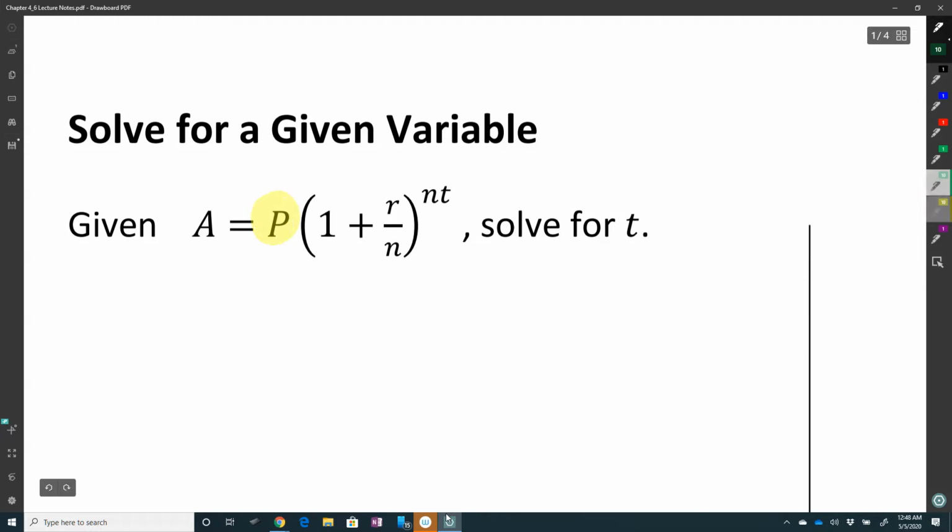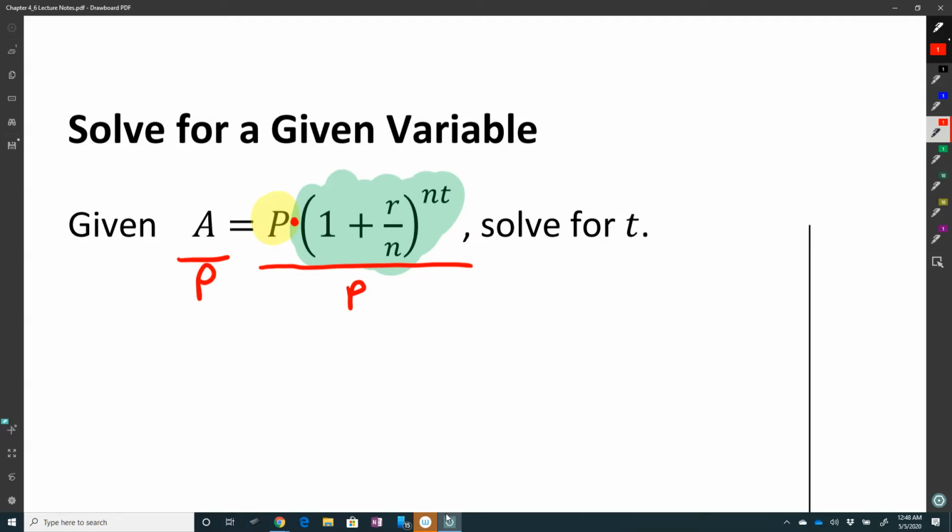You have p, thing 1, times thing 2. So you're multiplying these two things. So the first thing we're going to do is divide by p. I want to get the expression with t all by itself.